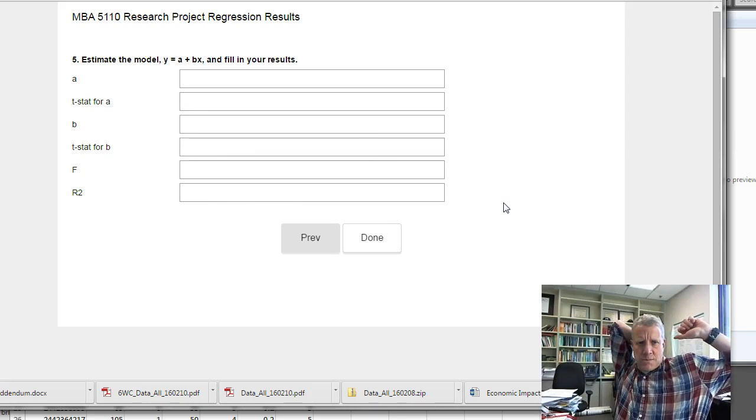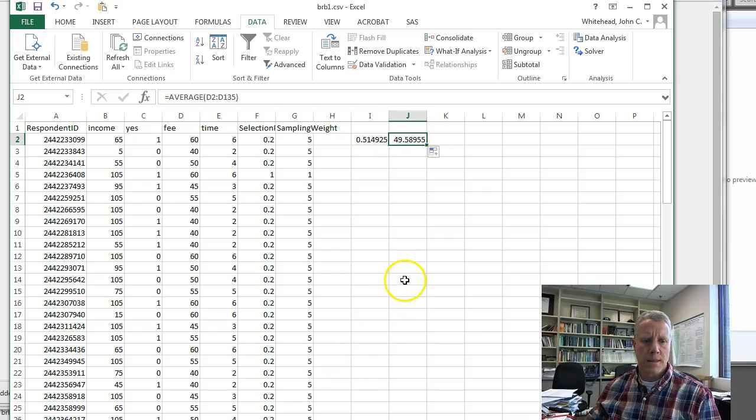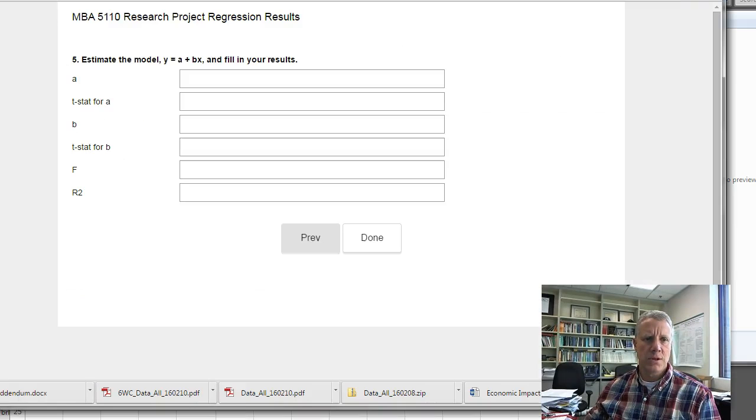So then it asks, estimate the regression model, or estimate the model y equals a plus bx, and fill in your results. So a is going to be the coefficient on my intercept. So that's 1.5 or 1.42.